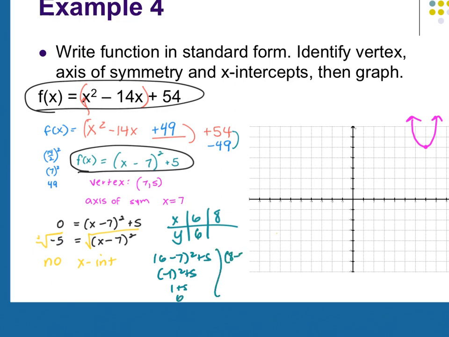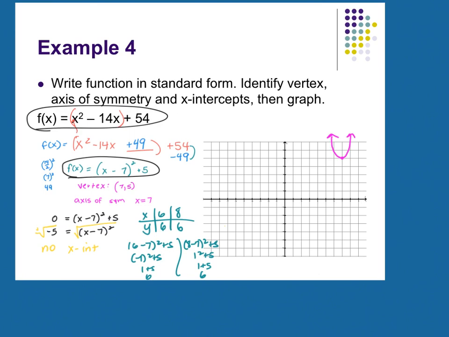And 8 minus 7 squared plus 5 is 1 squared plus 5, 1 plus 5, which again should be the same, so it makes sense that it's 6. Now I have my graph.